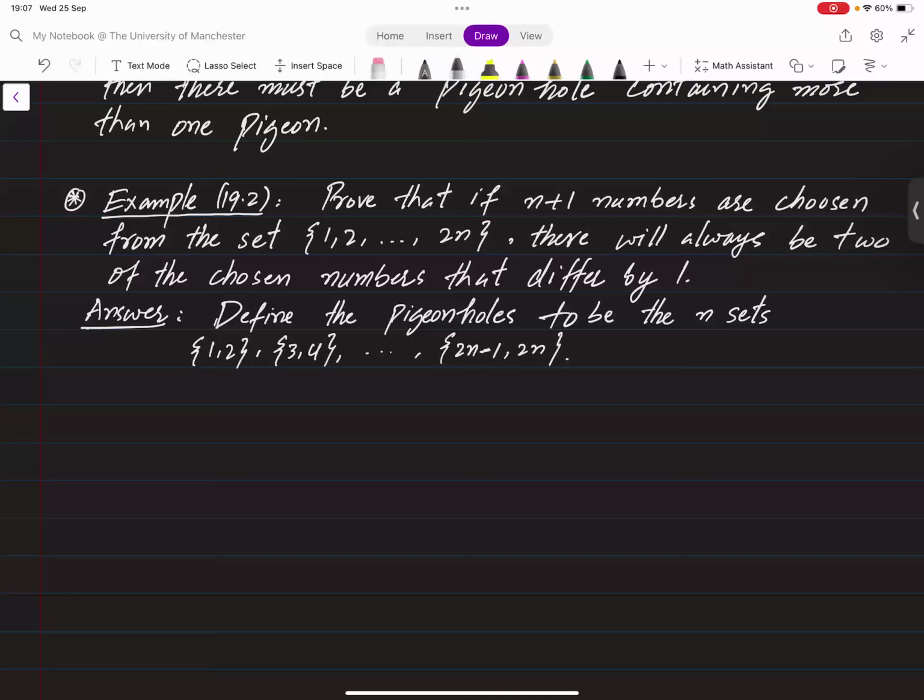And since we are choosing n plus 1 numbers, each of which belongs to one of these pigeonholes, the pigeonhole principle tells us that 2 of them must lie in the same pigeonhole, and these 2 will differ by 1.